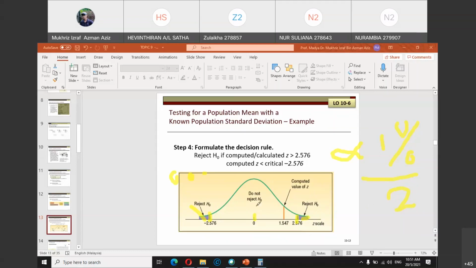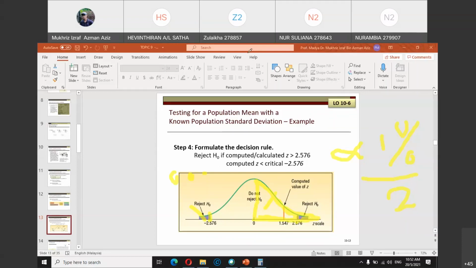So if you cut this graph into half, because your Z table only reads the area on the right side, the area not highlighted, the one in yellow here, is 0.495. Refer to the Z table, 0.495 gives you 2.58. So that is how you get 2.576 or 2.58.